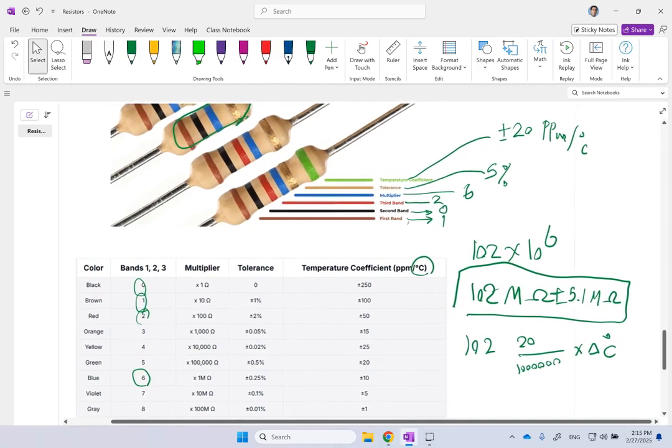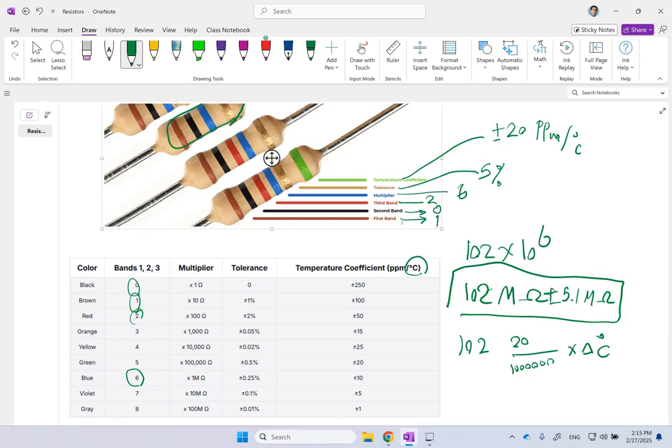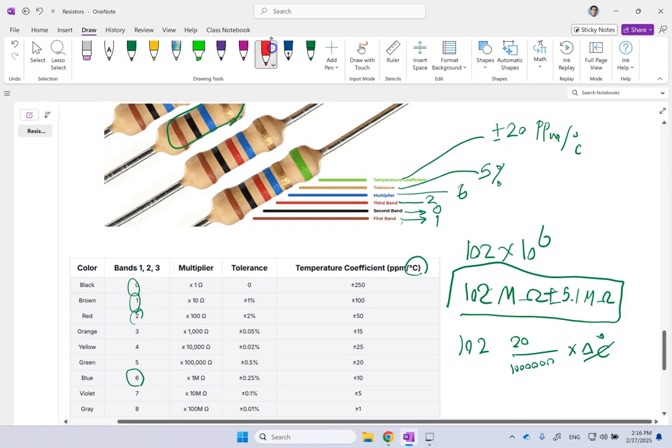So let's say, for instance, the temperature goes from the room temperature to room temperature plus 50 Celsius. So you heat the environment by 50 Celsius. So this is 50. So 50 times 20 is 1,000 divided by 1 million. That's just going to be 0.001. Of what? Of the original value.